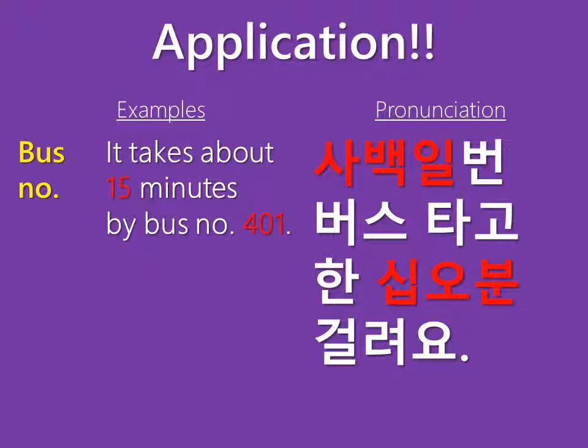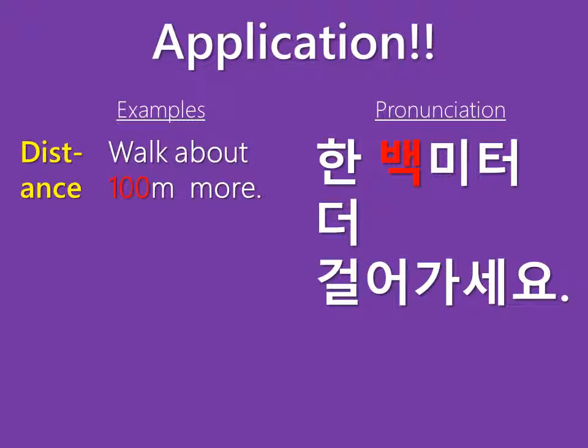401번 버스 타고 한 15분 걸려요. Like that. Okay? You can also use Sino-Korean numbers for distance. Let's say a man told you that you should walk about 100 meters more to get to the place you want.